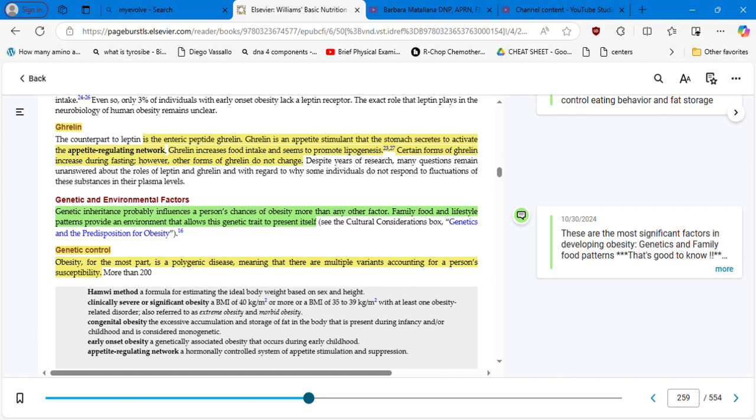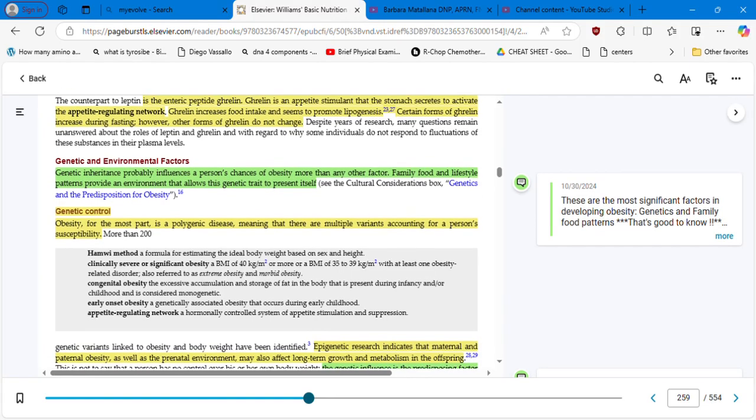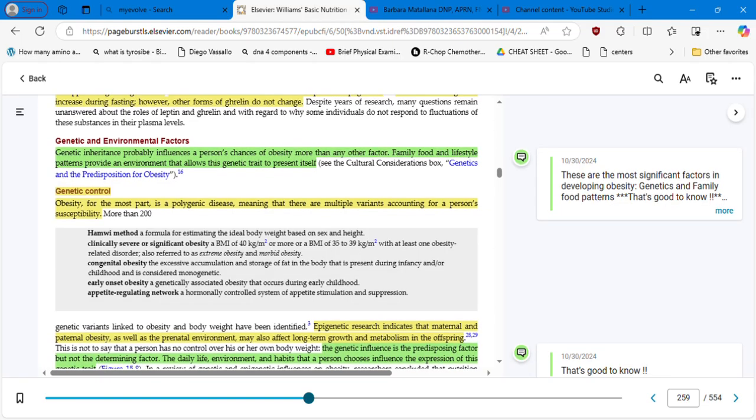Ghrelin increases food intake and seems to promote lipogenesis, so the creation of fatty cells. Certain forms of ghrelin increase during fasting. However, other forms of ghrelin do not change. Oh, very interesting.